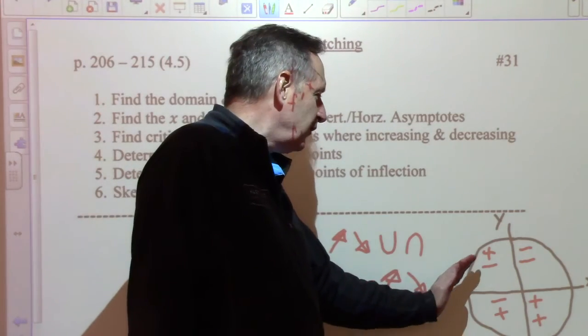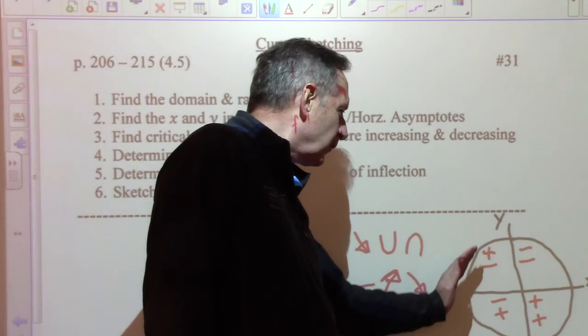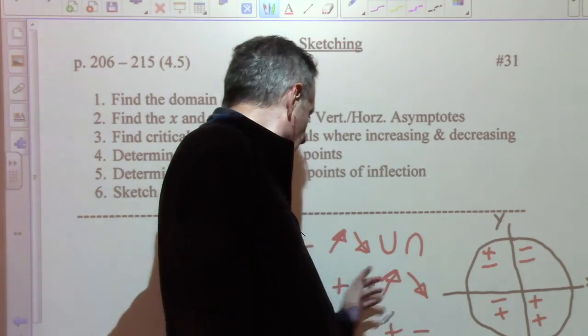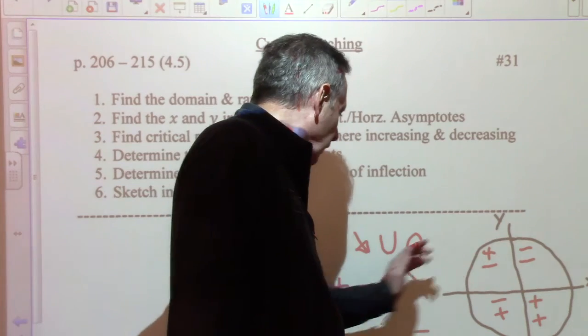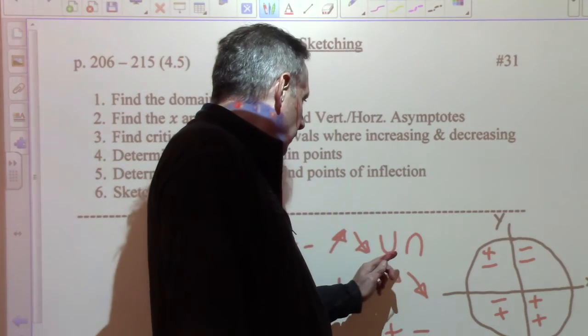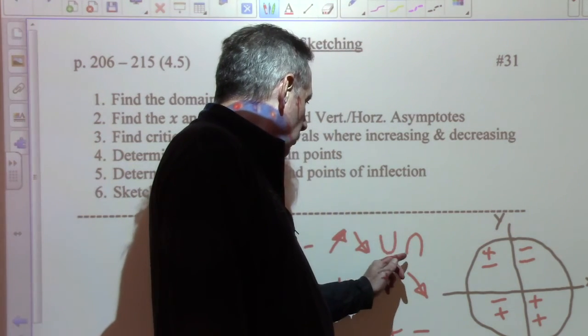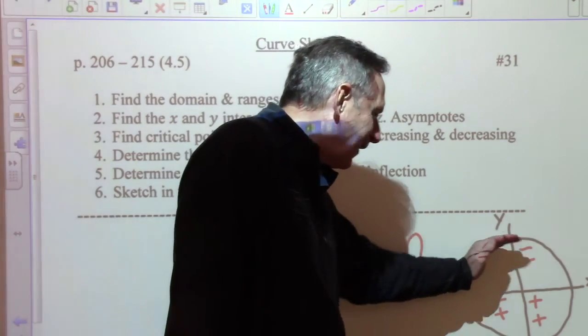And so the piece where F prime is positive, the function is increasing and is concave down, is going to be shaped like this.